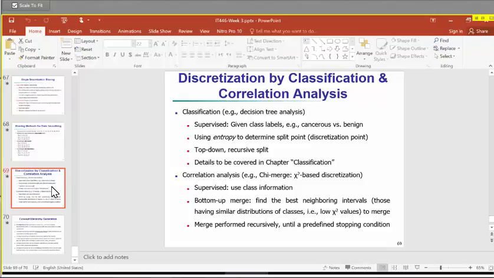So we have bottom-up merge where we find the best neighboring intervals which have a similar distribution of classes. For example, low chi-square values to merge, and we can also merge recursively until a predefined stopping condition is met.